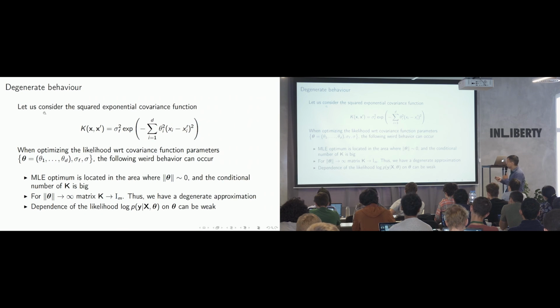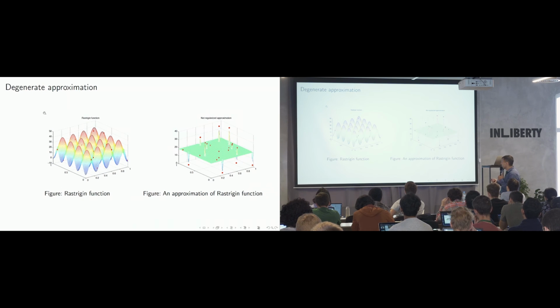But in multidimensional case, it's not very efficient. But when you apply a gradient descent to tune these parameters theta here, it may happen that due to numerical instability, these parameters can diverge to some not very good values because the log likelihood is actually a multimodal function. And here there is a particular example of such situation.